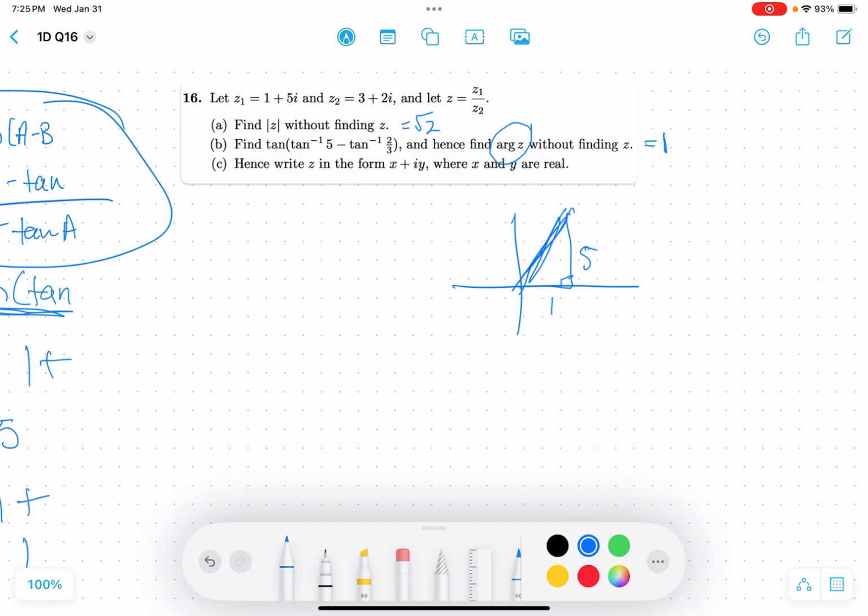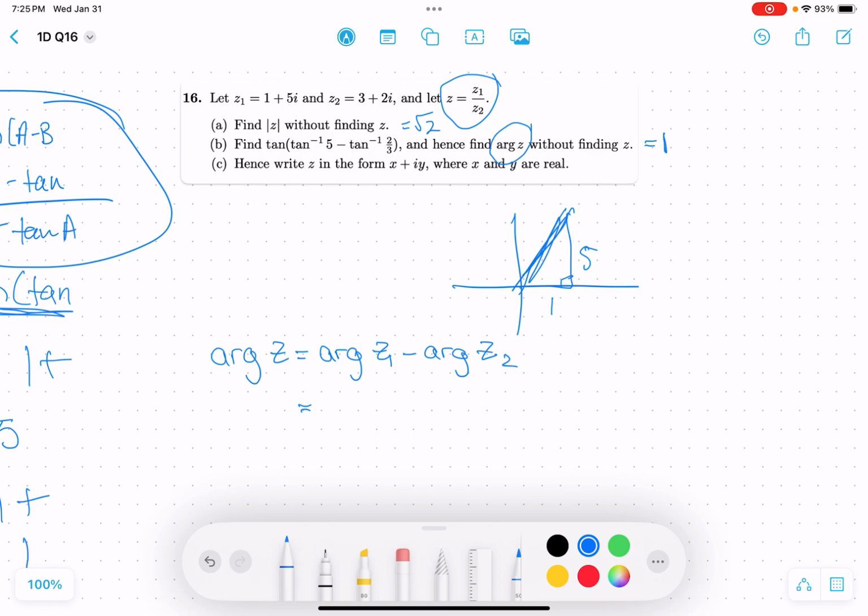Okay, so arg z, again, we don't want to find z. We know z is made up of z1 on z2, so that is the same as using our properties arg z1 minus arg z2. What's the argument of z1?